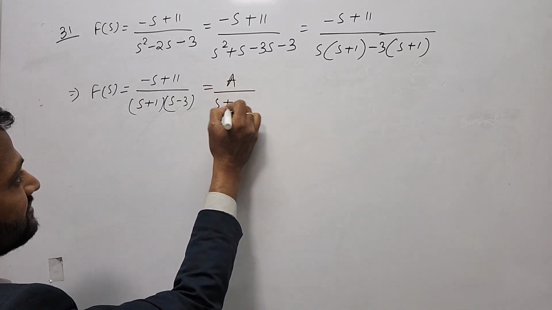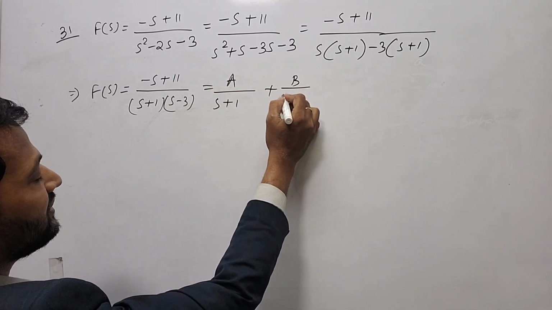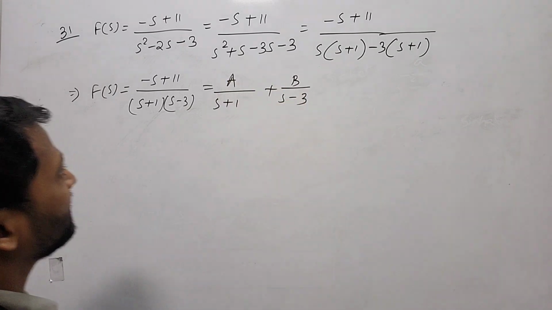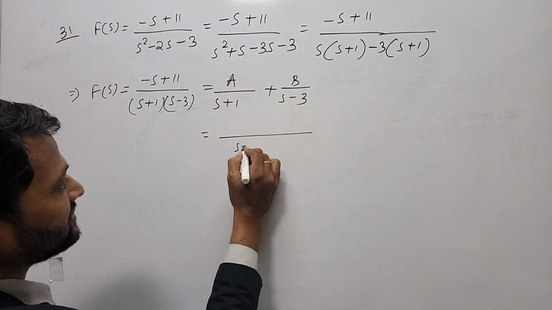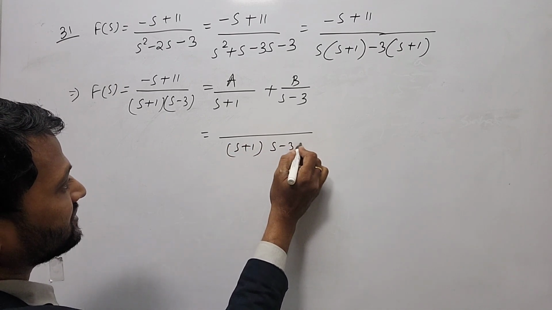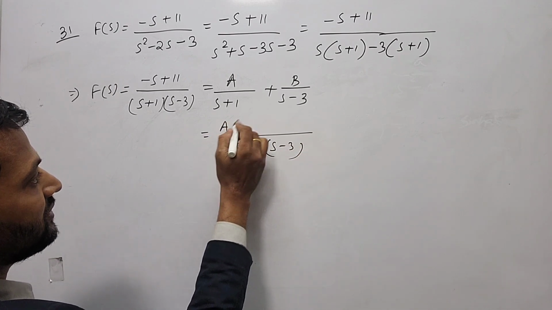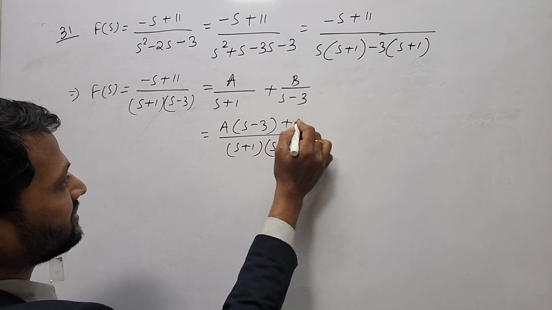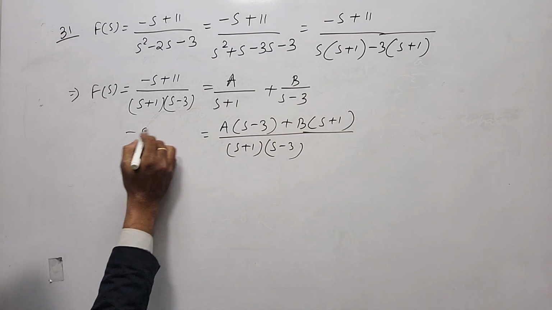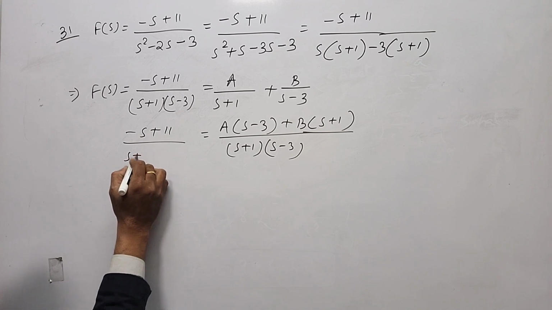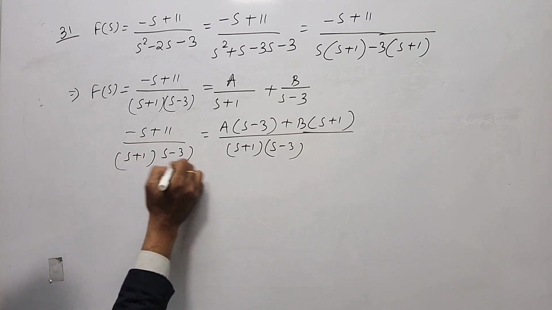This is A by s plus 1 plus B by s minus 3. Then we will find out A and B. So if I take the LCM, then it is s plus 1 into s minus 3, and the numerator will be A into s minus 3 plus B into s plus 1. So that is minus s plus 11 by s plus 1 into s minus 3.